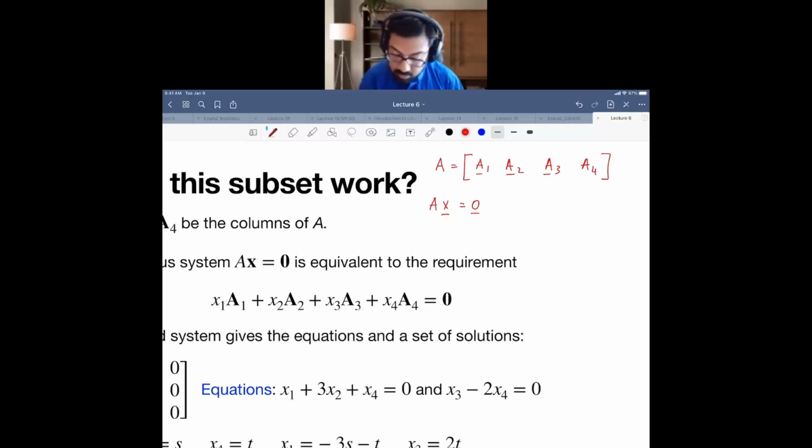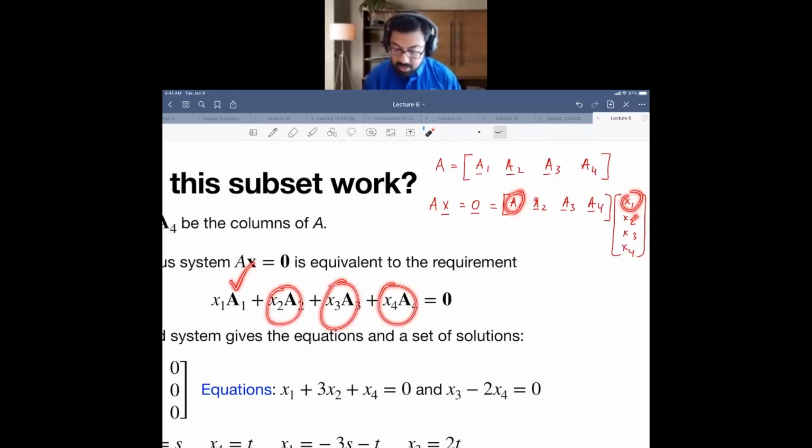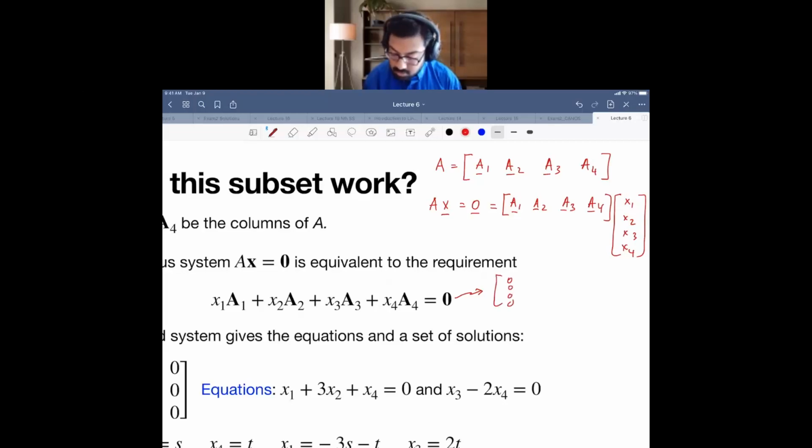It's going to essentially mean that A, which is A1, A2, A3, A4, multiplied by x, where x is x1, x2, x3, x4, has to go to 0. So if you carry out the matrix multiplication over here, x1 times a1, x2 times a2, x3 times a3, x4 times a4 has to equal zero, right? So this is a 0 vector in R to the 4. So this is 0, 0, 0, 0 here.